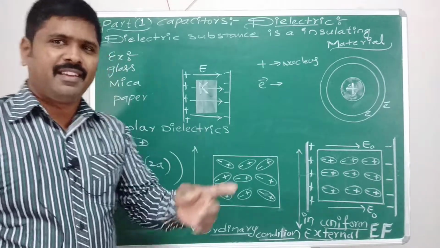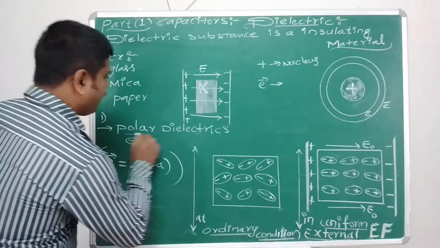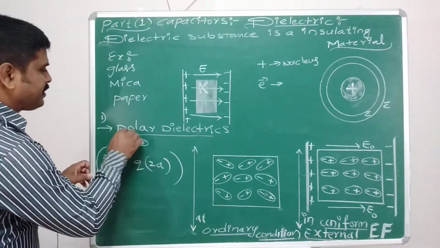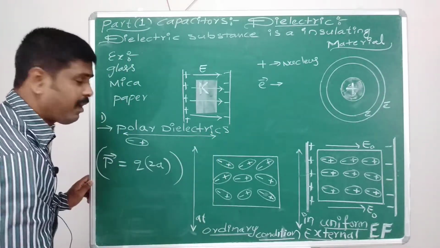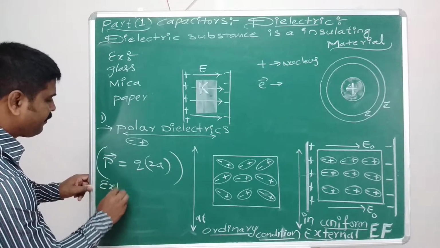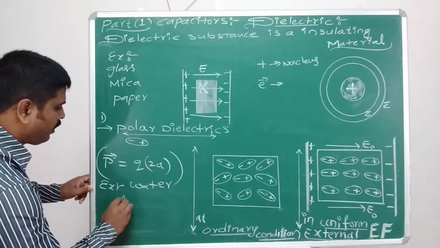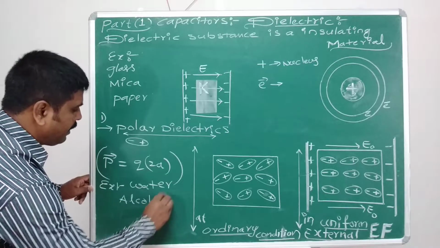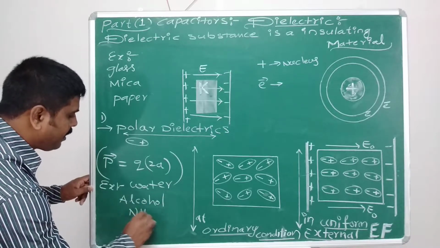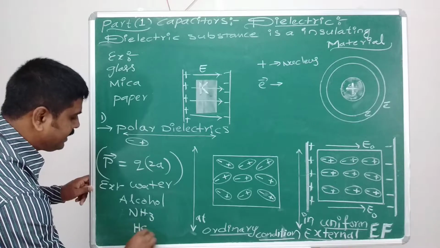One more thing: examples of polar dielectric substances are water, alcohol, NH3, HCl.